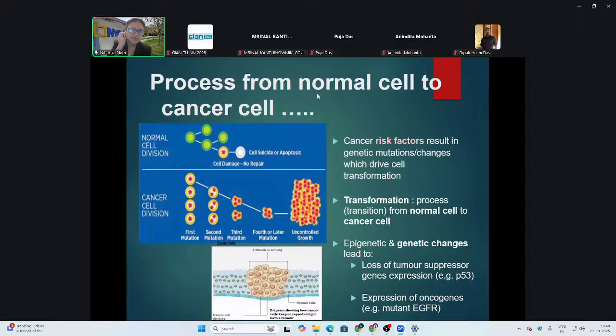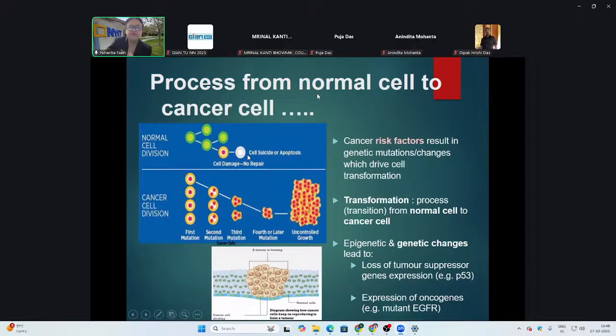When the burden of these risk factors gives rise to genetic mutation, some of these cells that would generally be damaged and die will not die anymore, because they have acquired that genetic mutation and they don't have to die anymore.